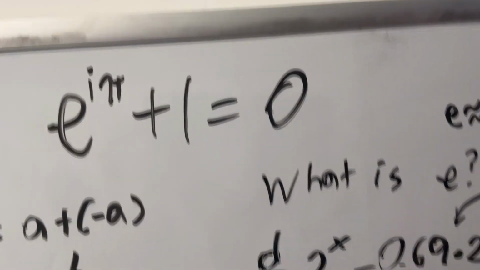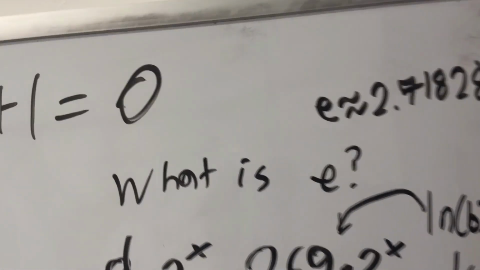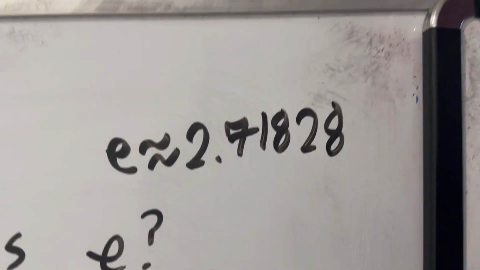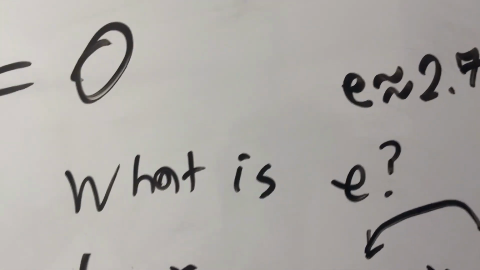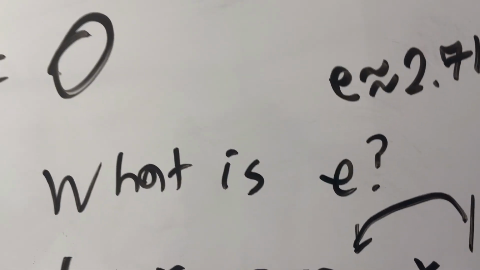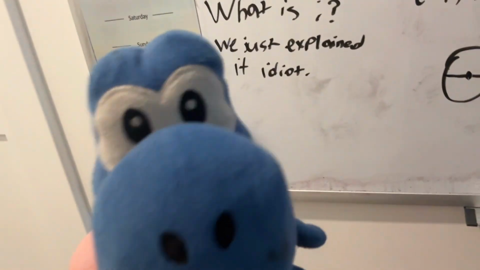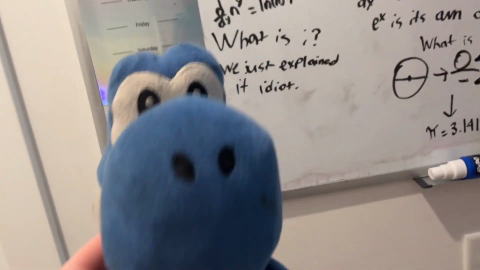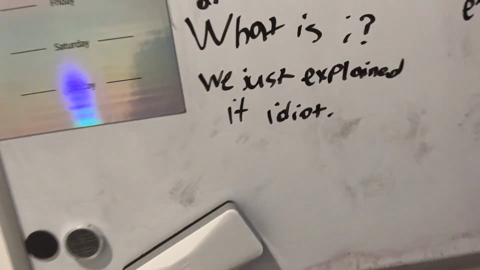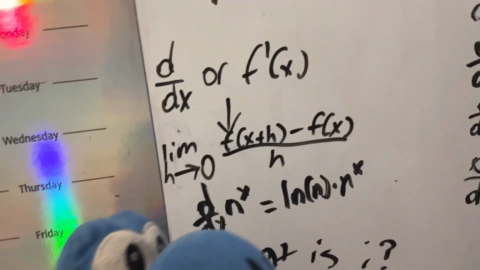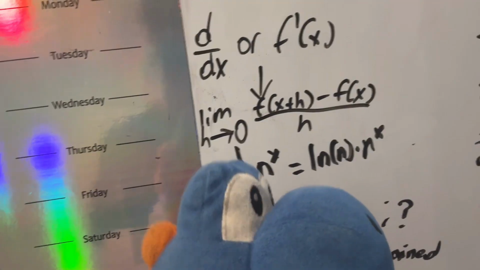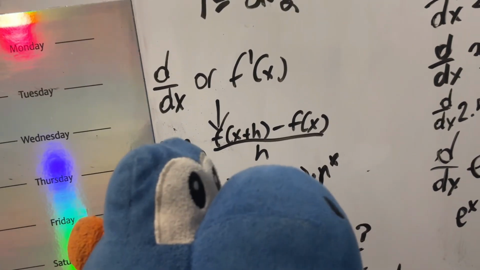First, let's define e, because this one's pretty interesting. e is approximately 2.71828. e is related to derivatives, which we talked about last time. But we have not talked about the derivatives of exponential equations, because this comes out to be the natural log of the base multiplied by the base raised to x.